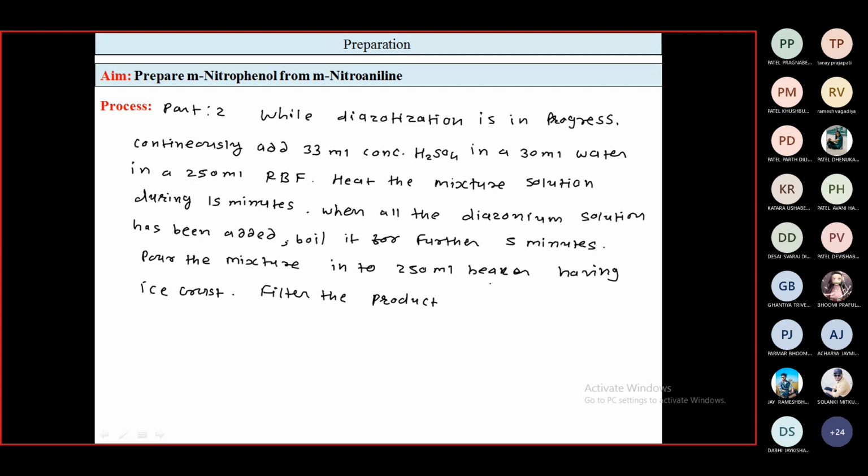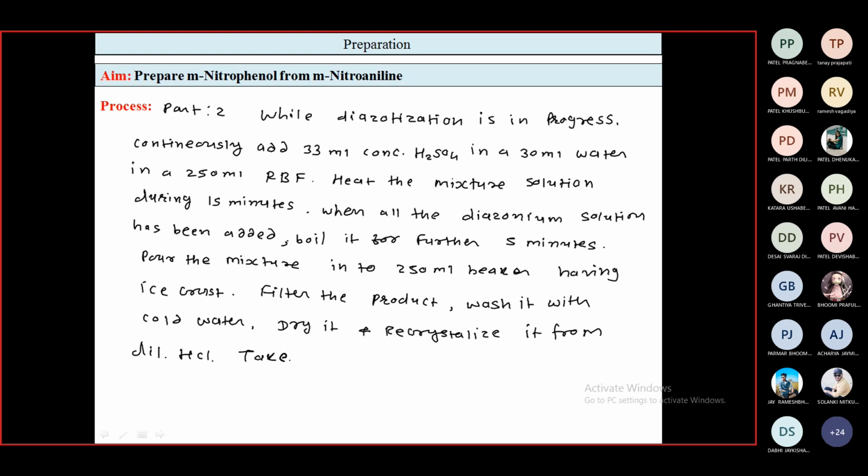Wash it with cold water, dry it, and recrystallize it from dilute HCl. Take its melting point and weigh it out.